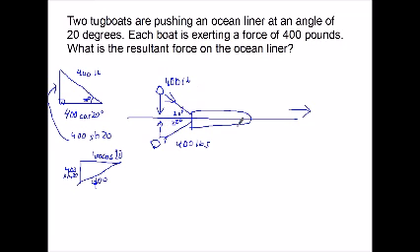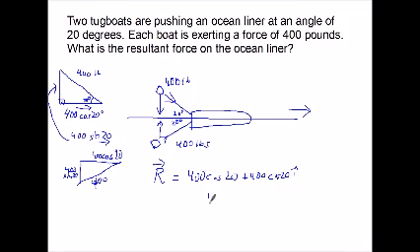And so if I want to write the total resultant vector here, r is equal to 400 times the cosine of 20 degrees. Both of these are pushing sort of this way. And so it's 400 times the cosine of 20 plus 400 times the cosine of 20 in the i-hat direction.